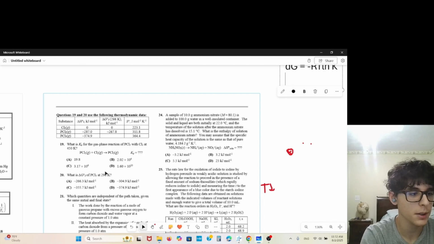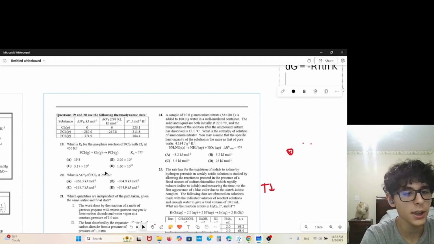So you're going to want to multiply that by 1,000. Now you have joules per mole for delta H. Now your delta S, same thing, 364.4 minus 311.8 plus 233.1. Negative 170.5 joules per mole Kelvin. So you're going to want to multiply that by 450 K, not 298 like usual.